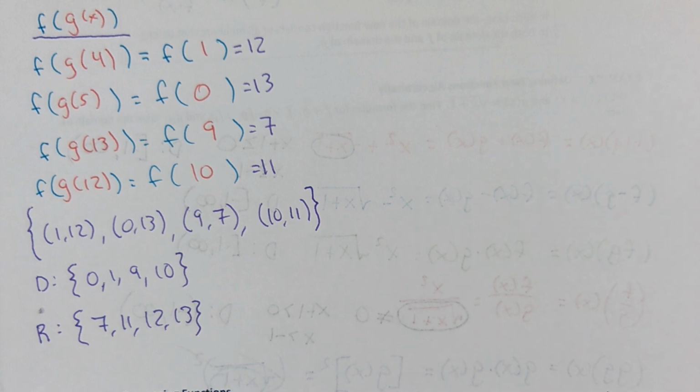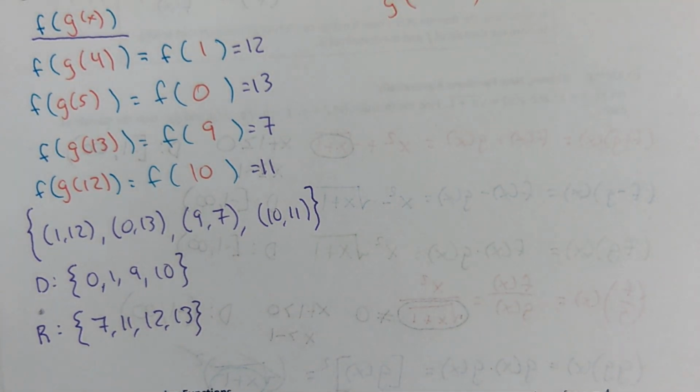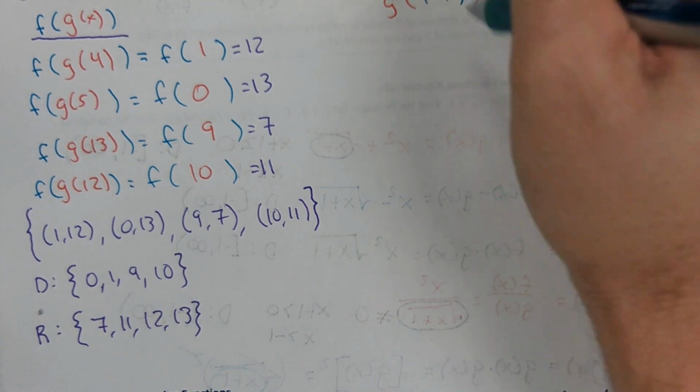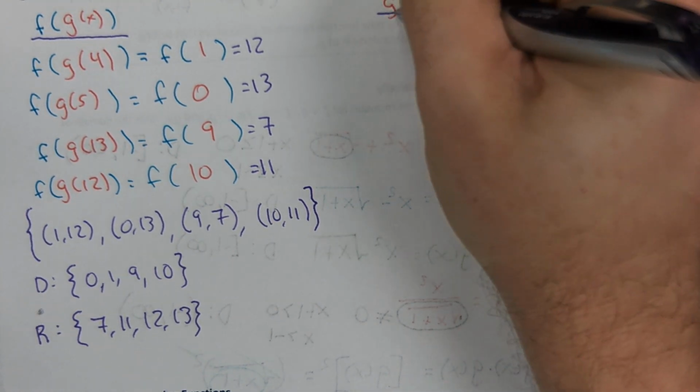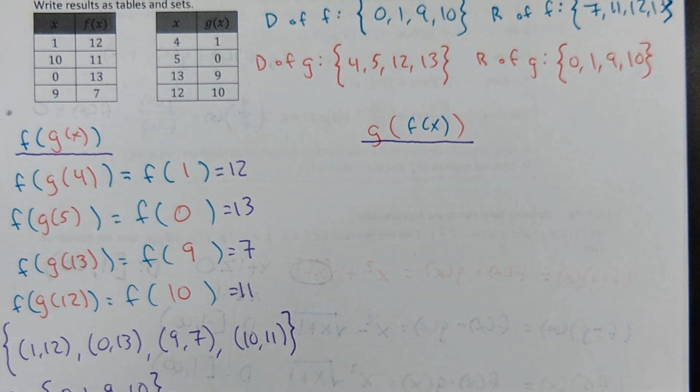And then, lastly, and more interestingly, let's change the order. Let's do g of f of x. Same trick, only backwards.